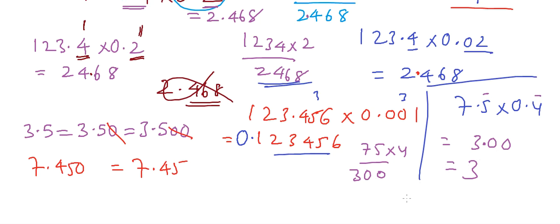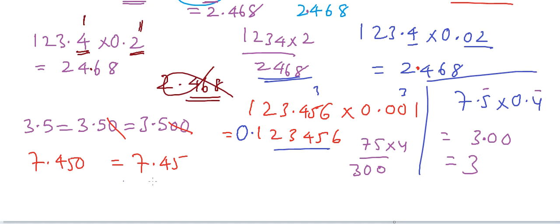Okay, now let's say 1.2 into 0.02. Let's multiply this. So if we remove the decimal point, the first number becomes 12, the second becomes 2. So 12 into 2, 24. So 24.